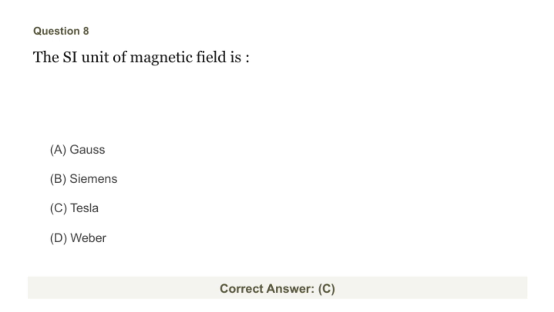For instance, Gauss is an older unit of magnetic flux density, mainly used in smaller fields, but the Tesla is the standard SI unit recognized globally today. Siemens measures electrical conductance, and Weber measures magnetic flux, but when it comes to the magnetic field strength itself, Tesla is the correct unit. So remember, whenever we're discussing magnetic fields in SI units, we're talking about Tesla.